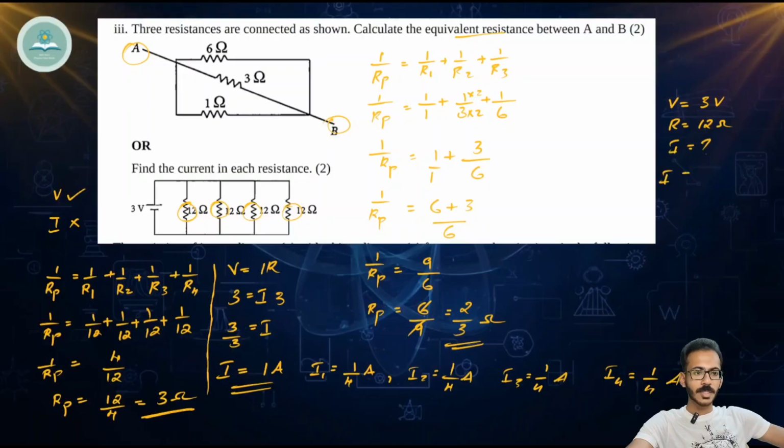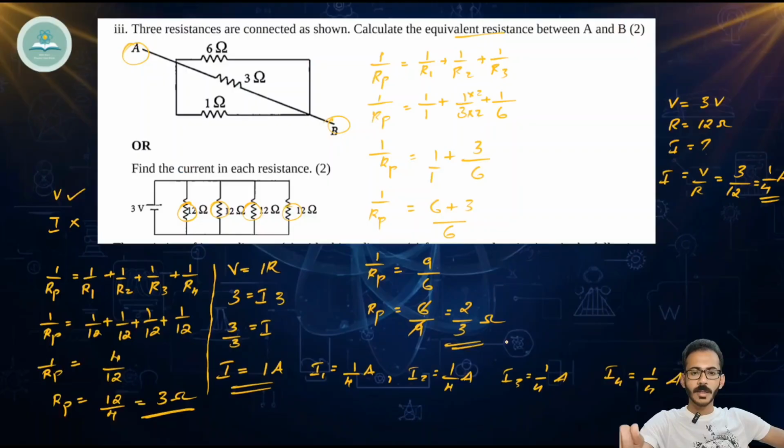So we know I is equal to V by R. V is 3 and R is 12. 3 one time, 3 4 times. So 1 by 4 ampere. Any method is fine. So across each one we'll have 1 by 4 ampere. Or else if we do like this, altogether the current is 1 ampere. So it has to be divided into 4 equal parts. So 1 by 4 into 1 will have 1 by 4 ampere. So this is the answer.